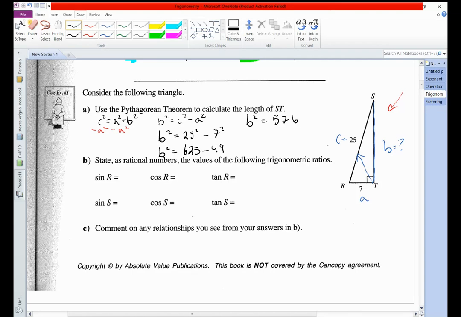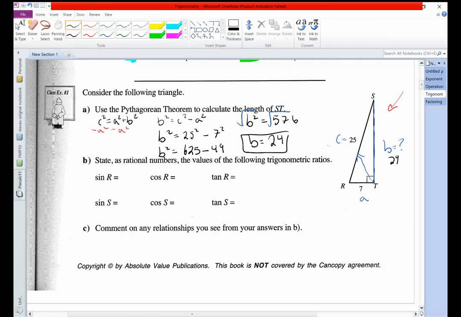But we don't really care what B squared is. We want to know what B is. So we can use our square root to get rid of the square. And that gives us the answer of B is equal to 24. So that means this side is 24.